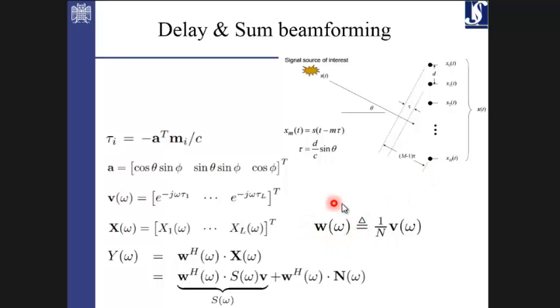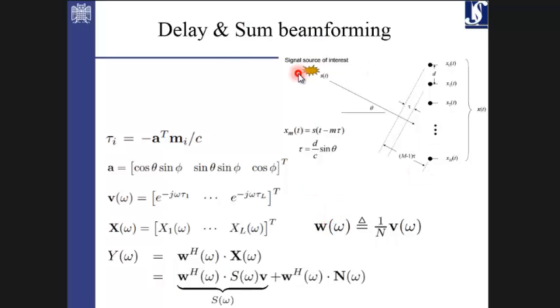When you line them up in a vector W, applying these weights to the signals of the microphones gives the desired signal and cancels the noise as much as possible. That's the goal of the delay and sum beamforming.